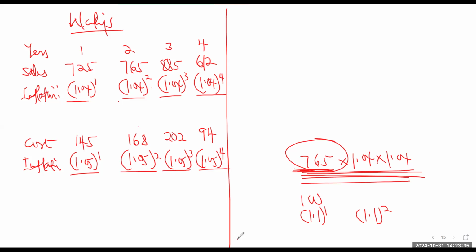Year 2 is 827.42. Year 3 is 995. Year 4 is 715.95. Okay.